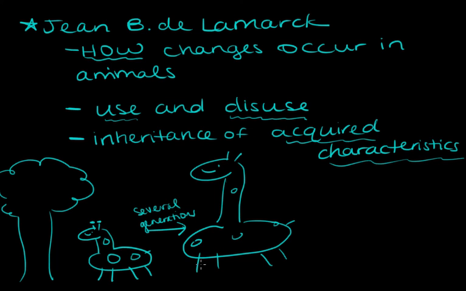However, for acquired characteristics, that would mean, for humans, for example, if you worked out a lot and made your muscles very strong and bulky, your children would come out muscular and bulky. And we did not see that. That is not something we have observed.